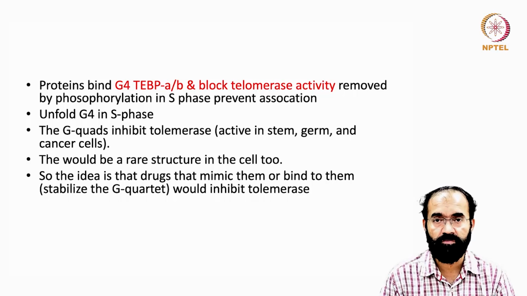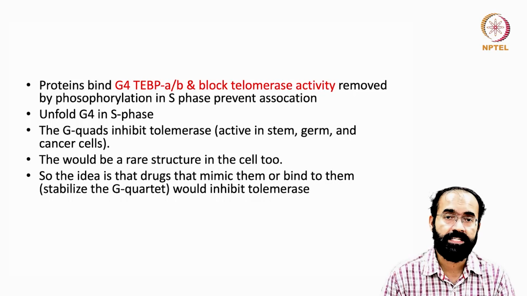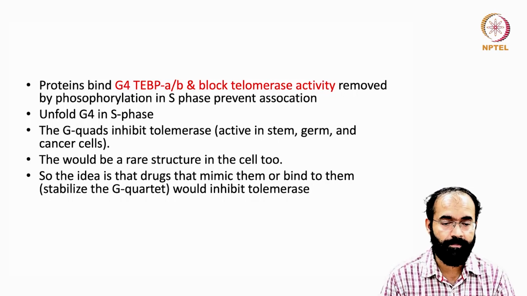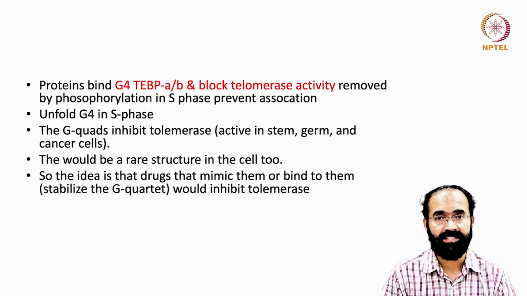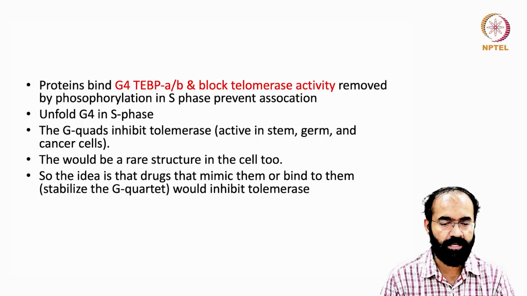So in a cell, even if telomerase is available, the G quadruplex can hinder the action of telomerase. So the G quadruplex G4 is unfolded in S phase, the synthetic phase of the cell cycle, where the DNA replication has to take place.